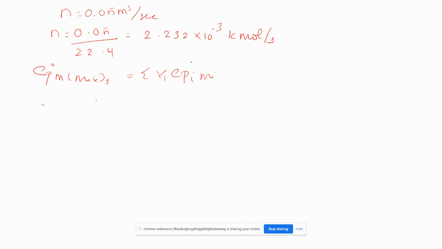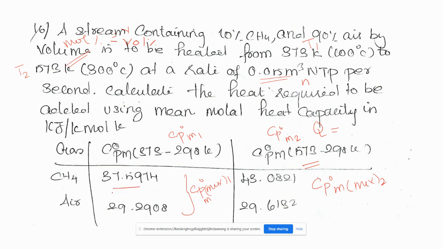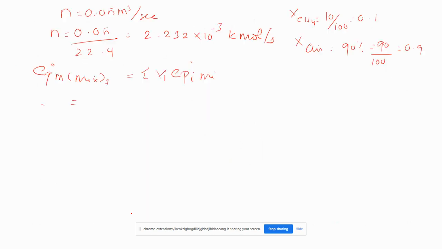First we have to find all the x values. x CH4 is 10 percentage, so 10 by 100 gives 0.1, and x air is 90 percentage, so 90 by 100 gives 0.9. Now Cp naught M of mix 1 will be 0.1 into 37.5974 plus 0.9 into 29.2908.